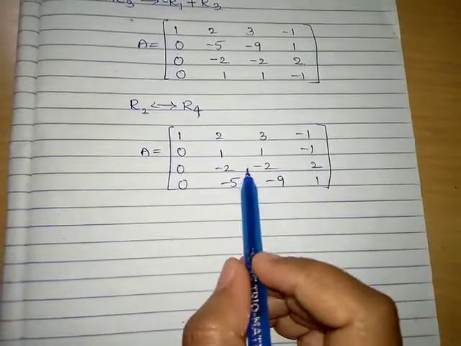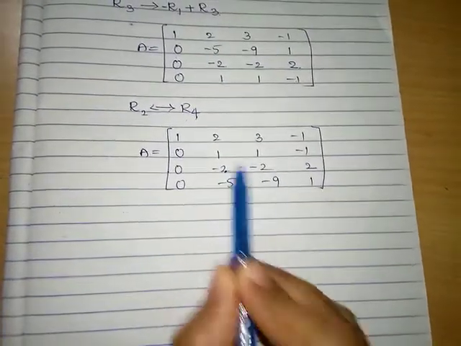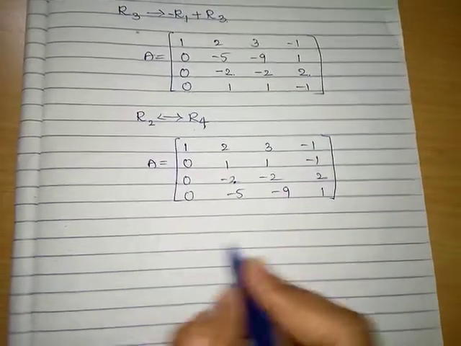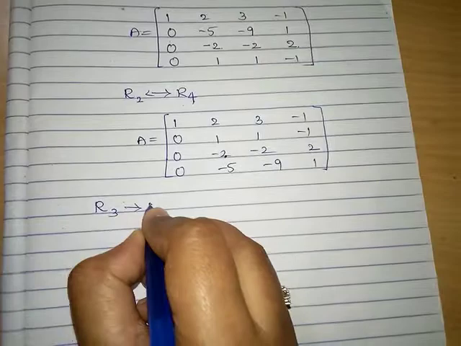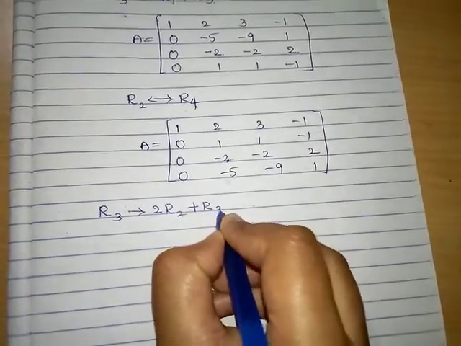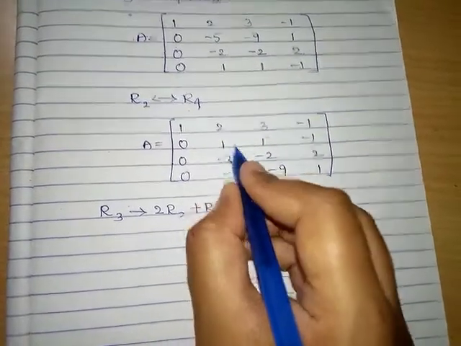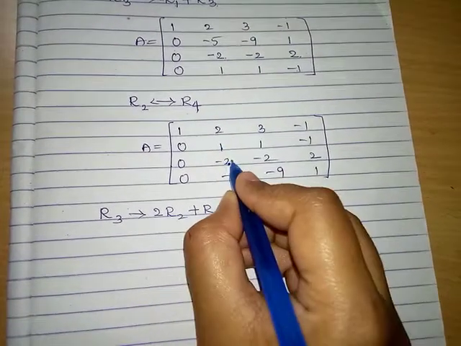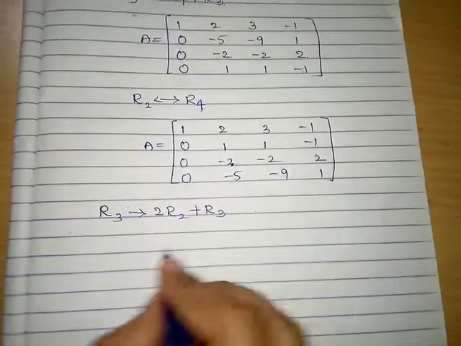Next, we have to make the elements 0 in this matrix. First I will make this element 0. It will be R3 changes to 2 into R2 plus R3. For that I have to multiply this row by 2 and add it to this row: minus 2 plus 2 will be 0.